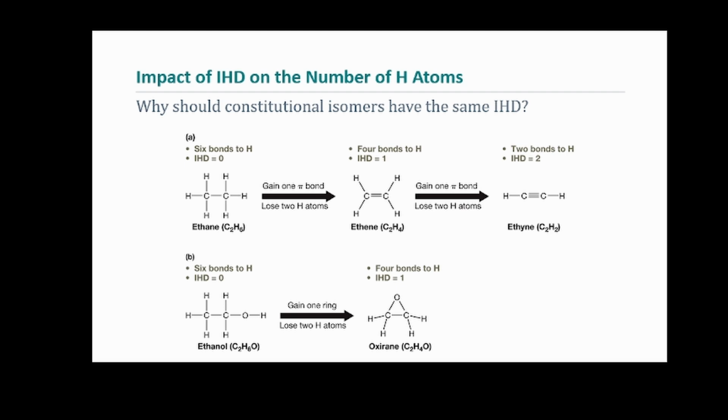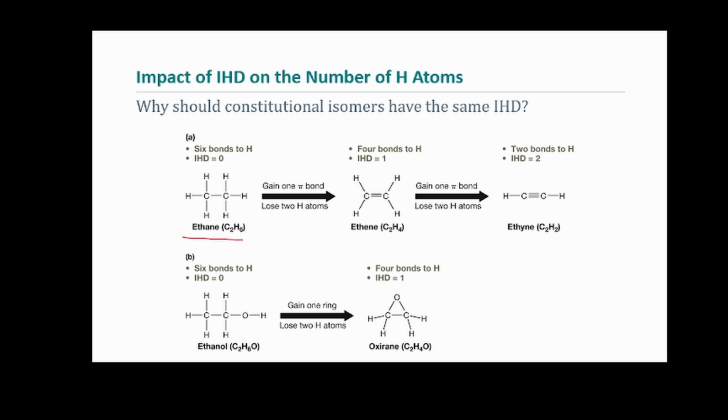But every degree of hydrogen deficiency removes 2 hydrogens, doesn't it? So if you remove hydrogens from the formula, are they the same formula? No, they can't be. So automatically, if you have different degrees of unsaturation, you can't have constitutional isomers, because by definition they have different formulas. Okay, and this actually shows you an example of this.